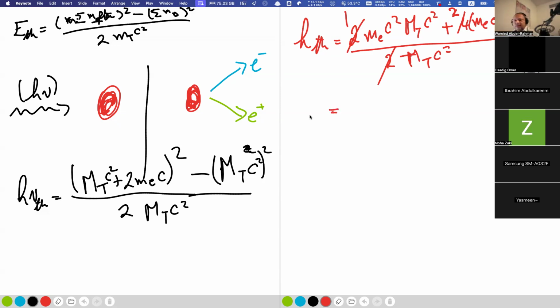There's something I did wrong, or we get here 2 MEC squared plus we have here MB plus we have 2 MEC squared. There's something wrong here. I cannot figure this out.